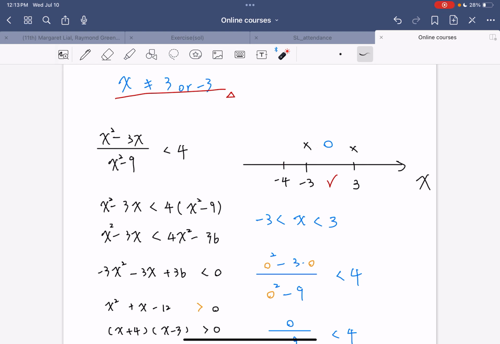So we have to also verify here and here. Okay. So we're going to test these two areas too. These two. And for this one, we're going to take 4.